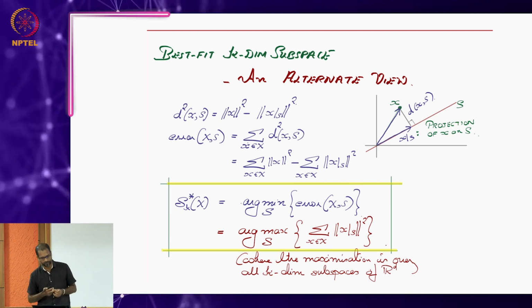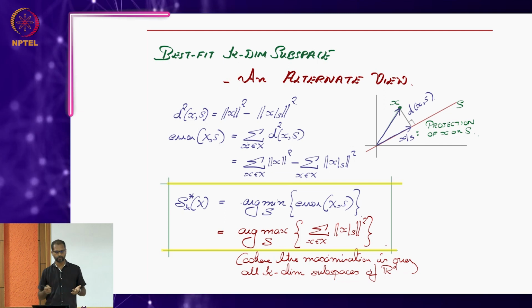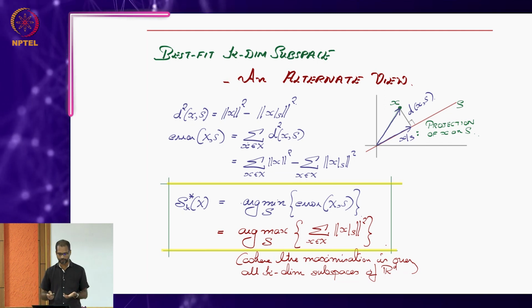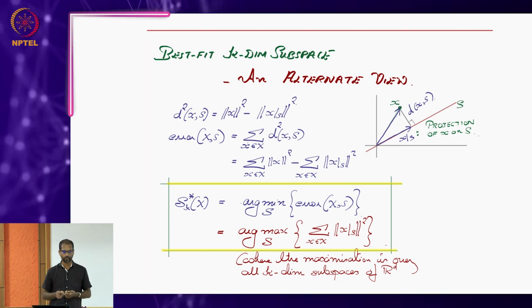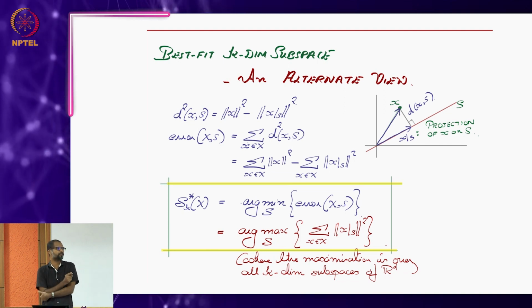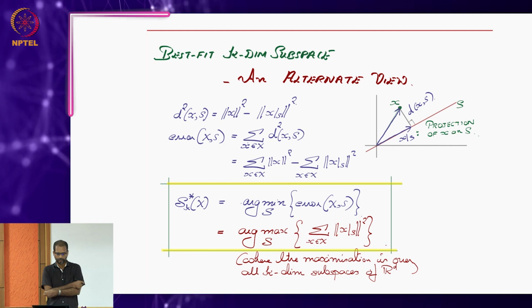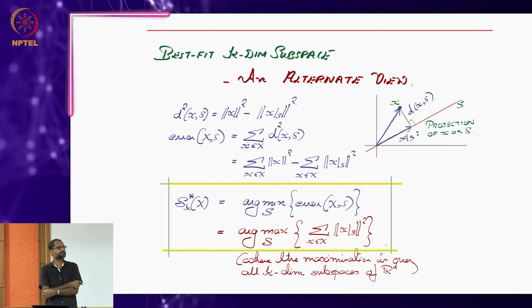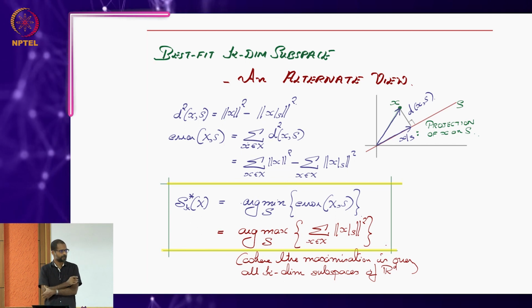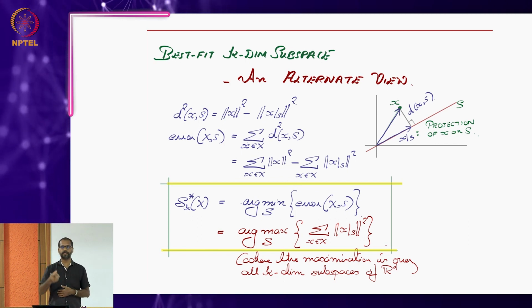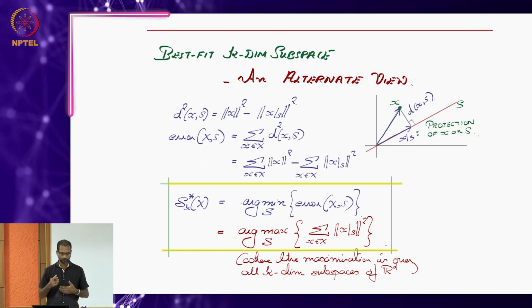So Pythagoras theorem will tell you that the hypotenuse squared is the sum of the sides squared, or written another way, distance squared, which is what we are summing up in our total error, can be expressed as the difference of the hypotenuse squared and the projection length squared. Okay, simple Pythagoras.